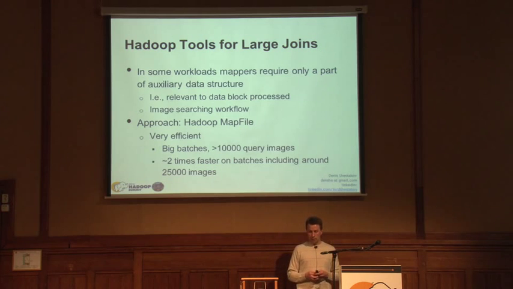With MapFiles, our experience is really positive. It was very efficient, and for relatively big batches we were able to do really fast searches, like 2 times faster, and with increasing batch size, even faster searches.